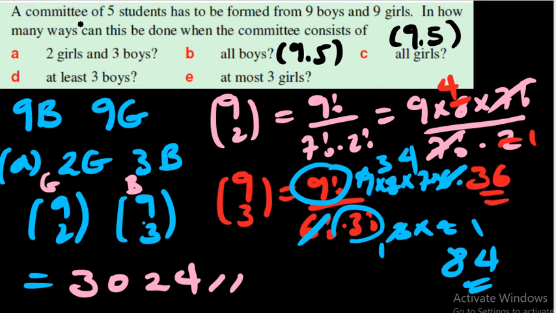Better to do D now. It says at least 3 boys. At least 3 boys means 3 boys and 2 girls, or 4 boys and 1 girl, or all 5 can be boys. At least 3 means more than 3 is also possible. So let's do it on any page.